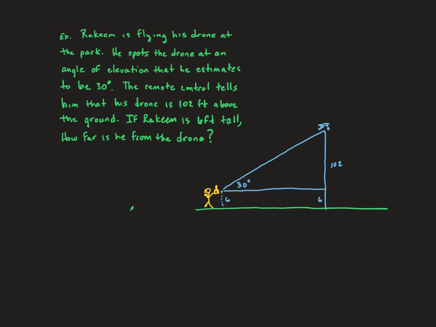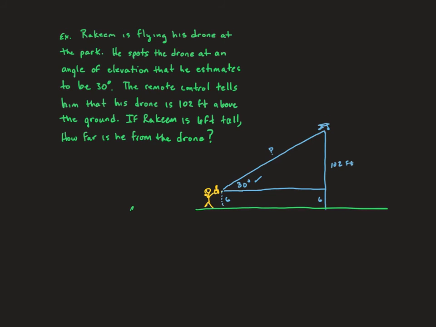So he spots the drone at an angle of elevation of 30 degrees. We have that in there. The remote control tells him that it is 102 feet above the ground, and he is 6 feet tall. How far is he from the drone? We are trying to figure out this value right here.